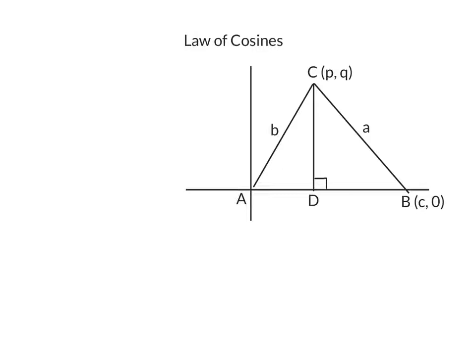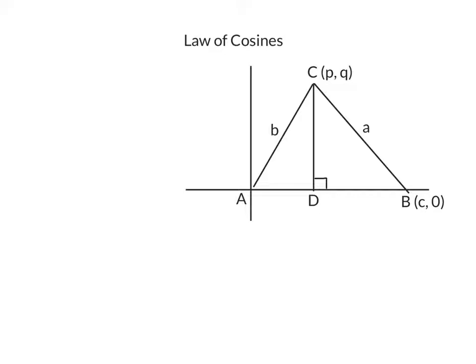B is located, as I said, on the x-axis. The coordinates of that point are C, 0. We also have an altitude CD constructed on this triangle. Now the first thing I'm going to do is write an expression for P squared plus Q squared.